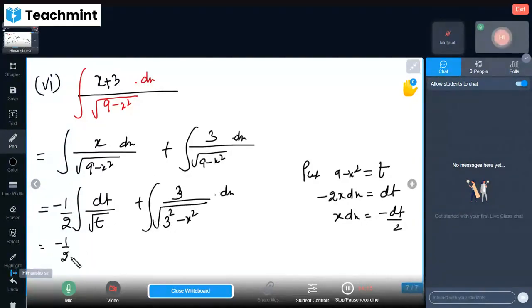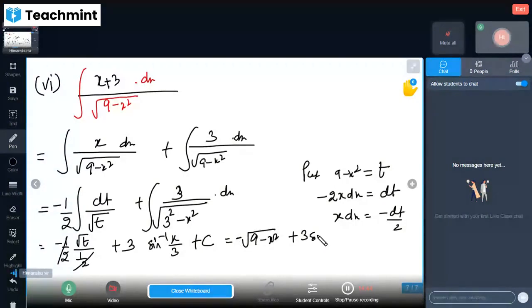So minus 1 by 2, t to the minus half plus 1, that is root t by 1 by 2, and 1 by 2 cancels out, so minus root t, plus 3 comes out, and that becomes sine inverse x by 3 plus c. Further simplifying, root of t means root of 9 minus x square. So that becomes minus root of 9 minus x square plus 3 sine inverse x by 3 plus c, and this is your answer, right?